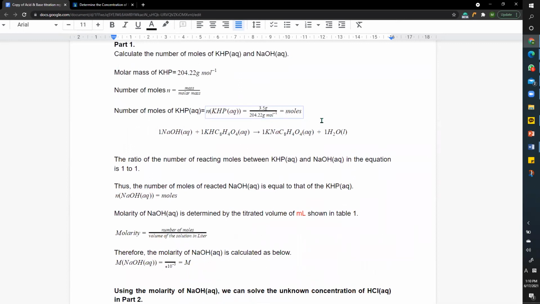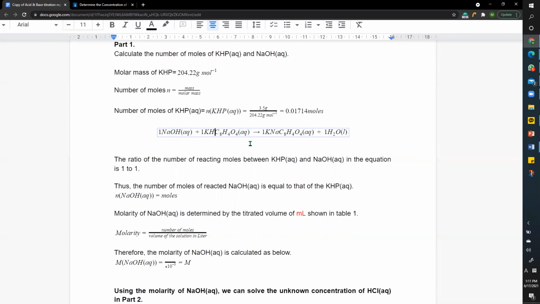I will do it. 3.5 divided by 204.22. Yeah, it's 0.01714 by rounding.